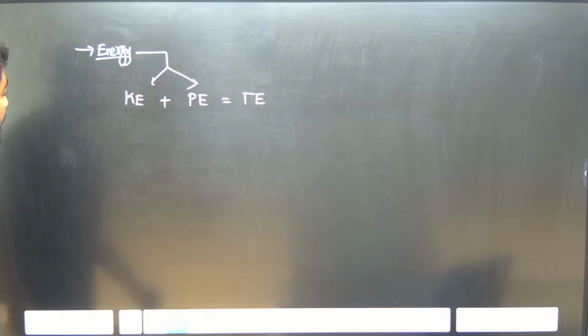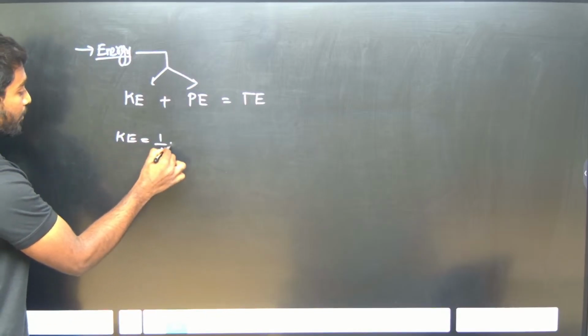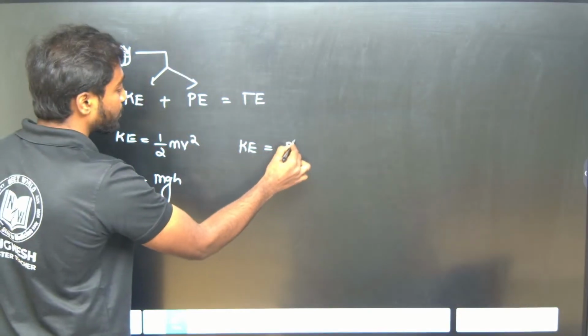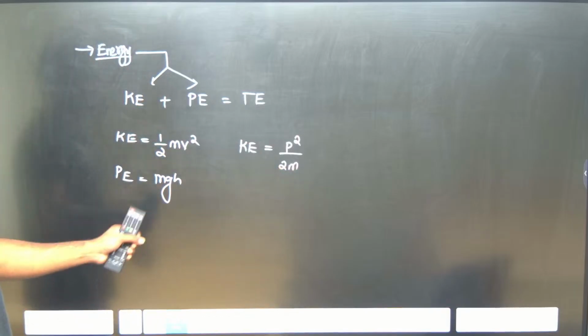Kinetic energy formula is 1 by 2 m v square. Potential energy formula is m g h. One more thing we have seen is kinetic energy in terms of momentum: kinetic energy equals p square by 2m.